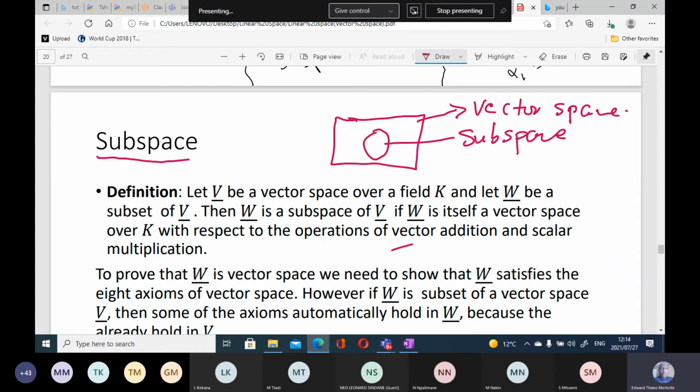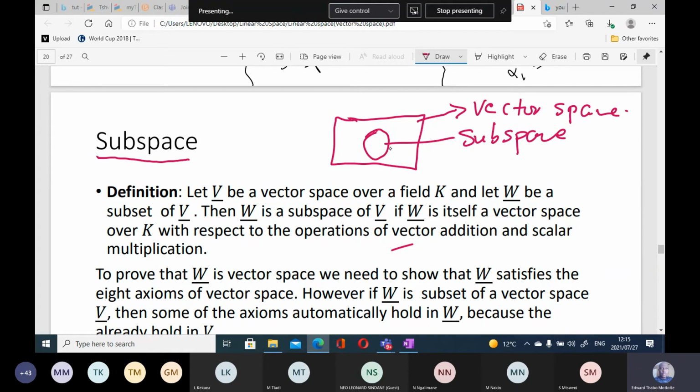A subspace is a subset of what? Of a vector space. It means all the axioms that you have on a vector space must be true for a subspace also. It makes sense, no? This is the bigger picture. I just explained what is a subspace.